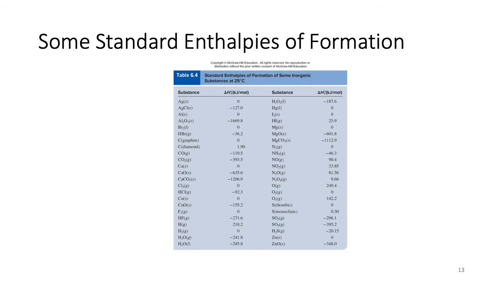If you have a positive standard enthalpy of formation, that means that that compound is going to be less stable. The higher the number for your enthalpy of formation, the more unstable something is. So if we look at this table, the most unstable thing I can find is going to be right here.